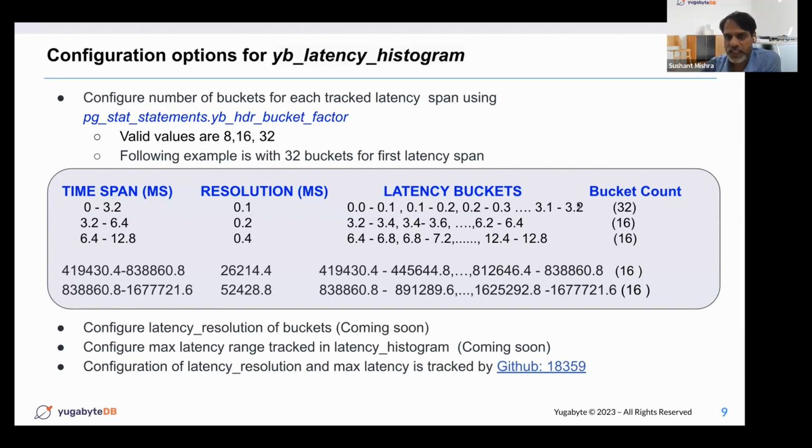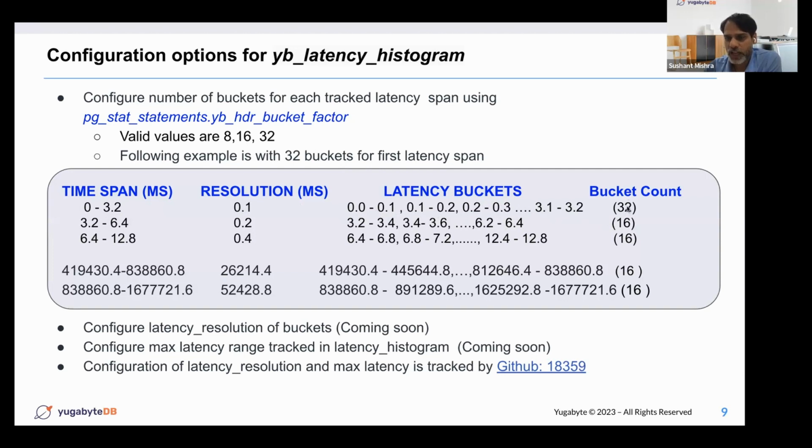So what it does is it tracks what the time span for the very first interval is, which is tracked at a resolution of 0.1 millisecond by default. So for example, if we choose a value of 32, then previously by default, 0 to 1.6 was covered at 0.1 millisecond resolution, and you got 16 buckets, 16 latency spans here.